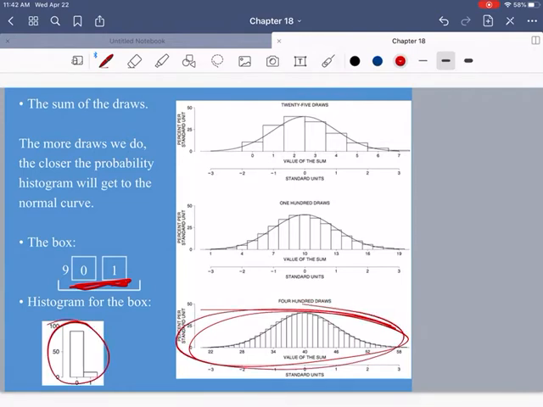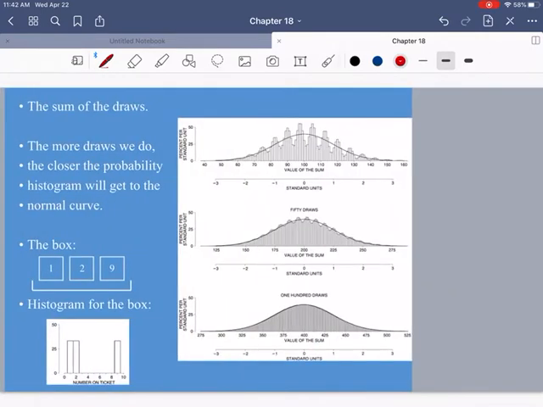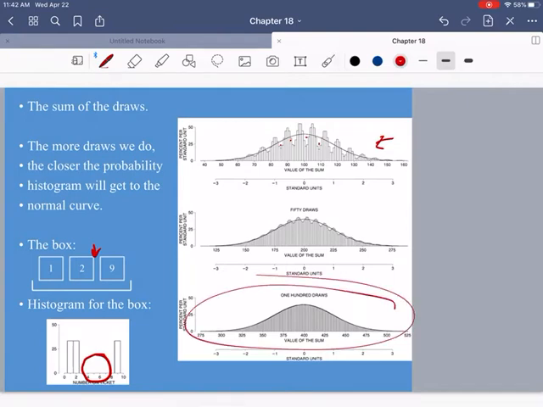With enough tosses, the sum of the draws does follow the normal curve. Same thing here. And even here, this is a weird histogram because we're missing 3 through 8 for tickets in the box, so the histogram starts out really weird with all these gaps. But with enough draws, it does follow the normal curve.